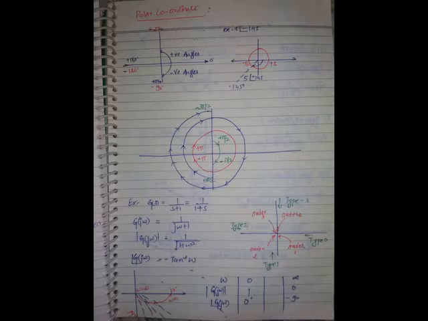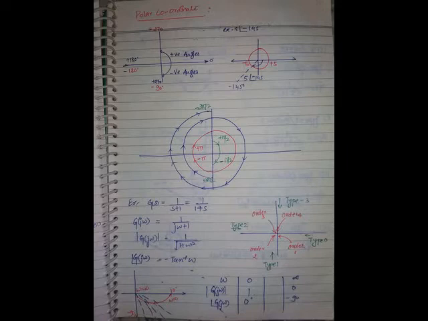So we are varying omega, observing how the magnitudes and angles are changing. Starting omega 0, ending omega infinity. Put omega 0, the magnitude is 1, angle is 0. At omega infinity, magnitude is 0, angle is minus 90.